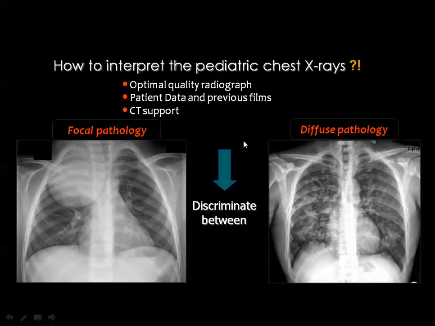The first step is to ensure an optimal quality radiograph, and this can be achieved if you realize that the patient is well centralized and the patient has a deep breath before being radiographed, and the radiographic factors are optimal so that you can see the details of the lung and the details of the costophrenic angles.